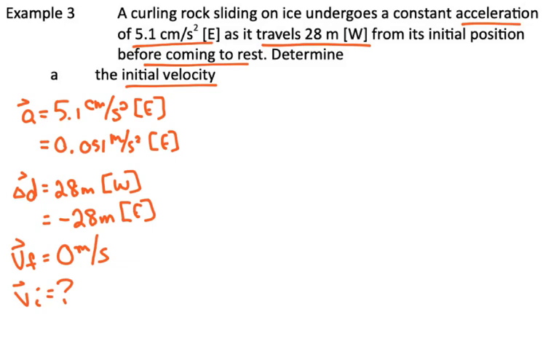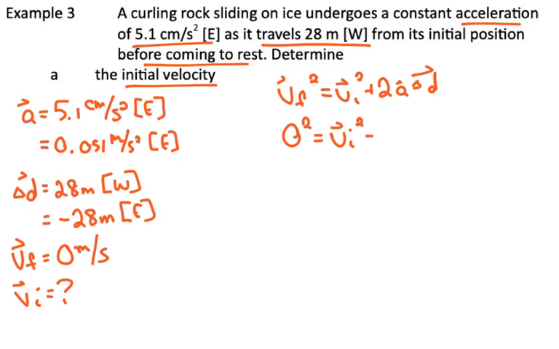For this, we can go back to the same equation as example 2. VF squared equals VI squared plus 2A delta D. VF we know is 0. VI we're trying to solve for. A is 0.051.